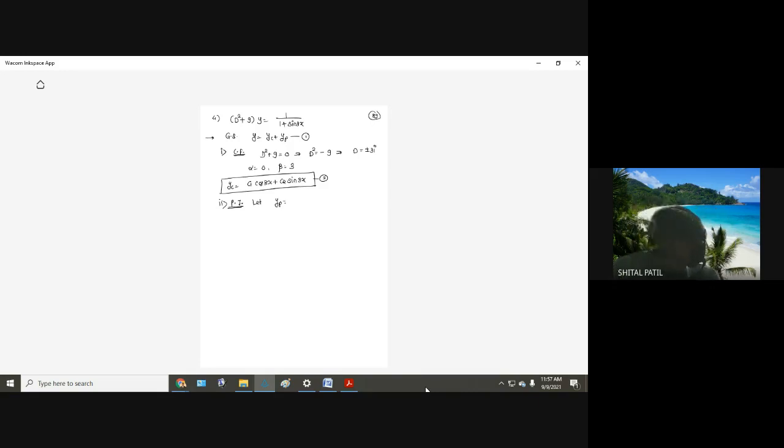So write particular integral u cos of 3x plus v sin of 3x. One upon one plus sin 3x. Find w.